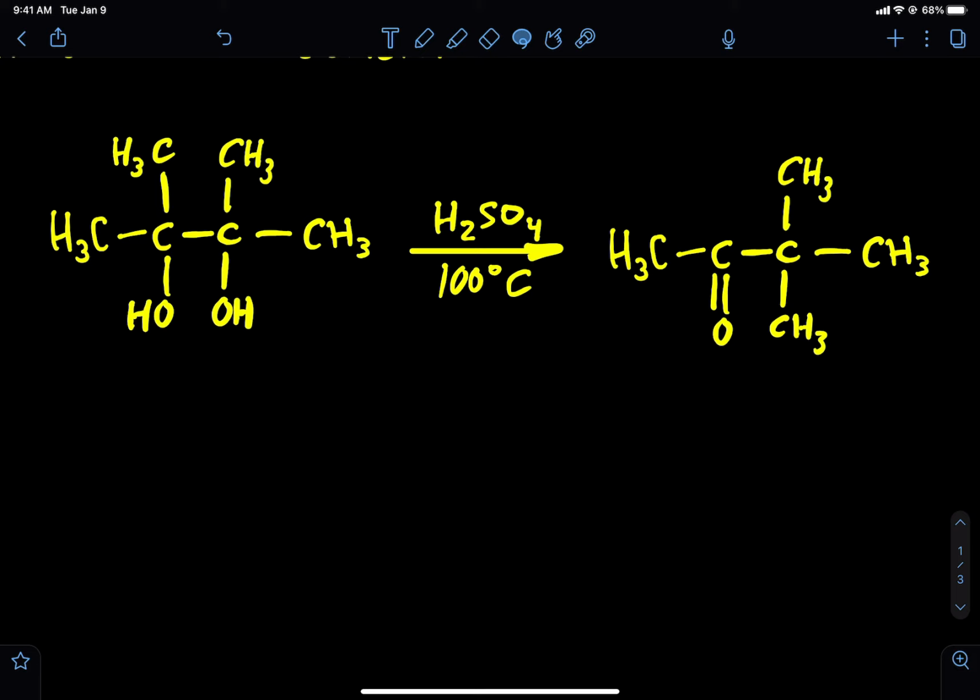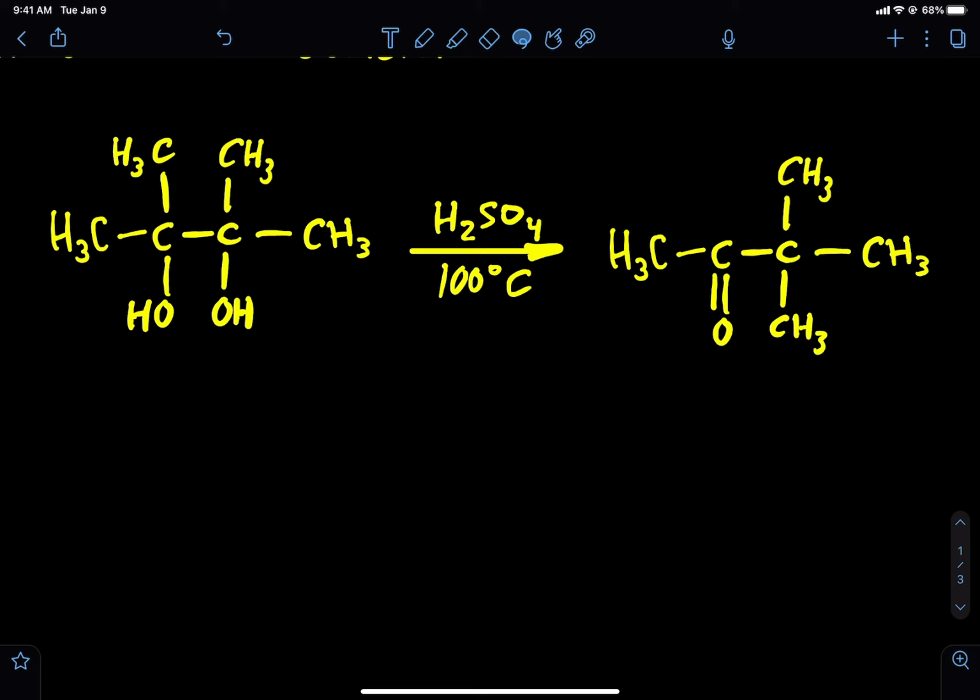Whichever side something happens to doesn't change the overall product. We could have essentially mirrored this transformation and the product would be the same. However, what we'll look at after this in our slightly more complicated example is how you have to approach the Pinacol rearrangement when you have some other non-symmetrical or more complicated molecule.